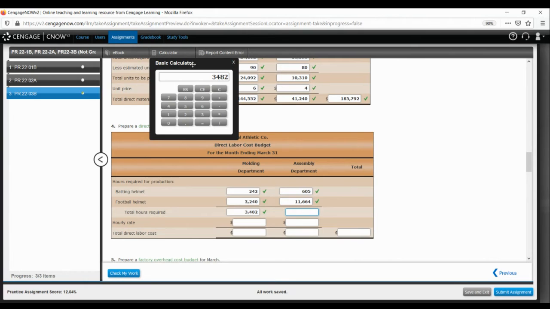For your assembly department, we're going to add the batting helmet number of hours plus the football helmet number of hours it takes to produce those.